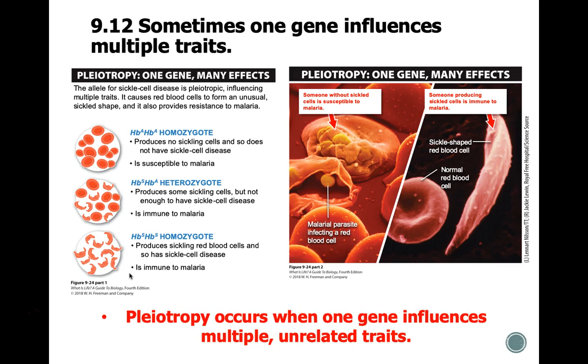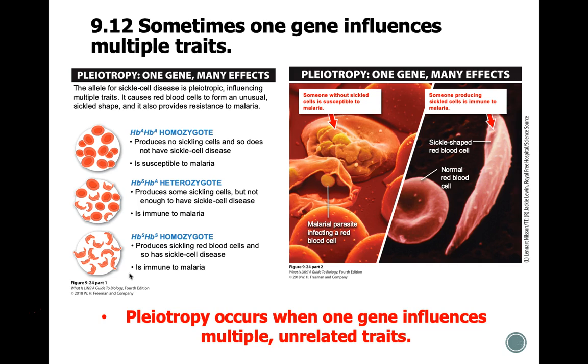Individuals with sickle cell often suffer from shortness of breath and a bunch of other problems related to the inability of your body to move oxygen, and then of course the accumulation of these sickled cells. So there's our pleiotropy.